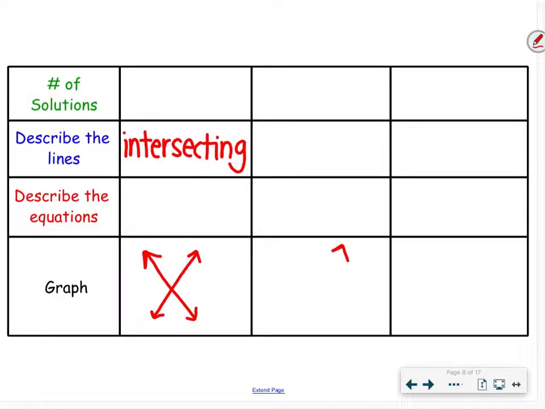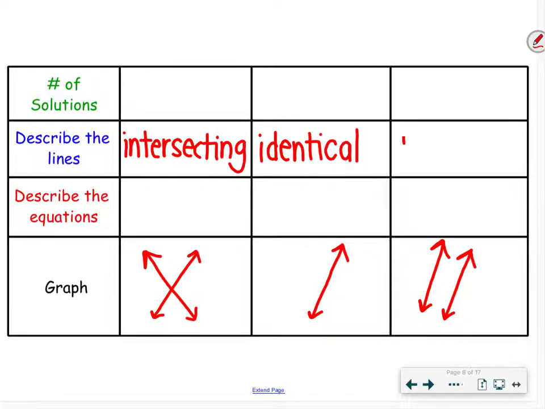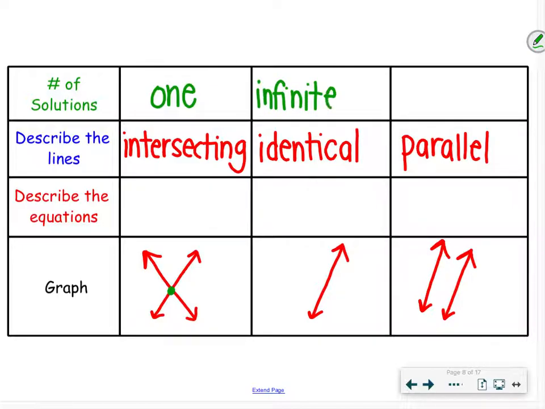We could end up with just one line, meaning the 2 lines are identical, or we could end up with 2 lines that are parallel. Lines that intersect have one solution. Lines that are identical have an infinite number of solutions. And lines that are parallel have no solutions.